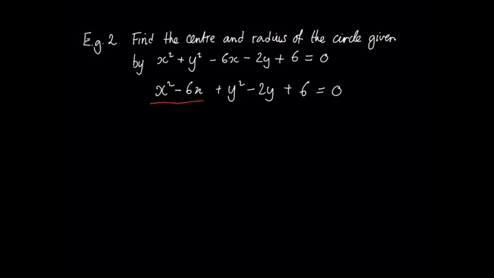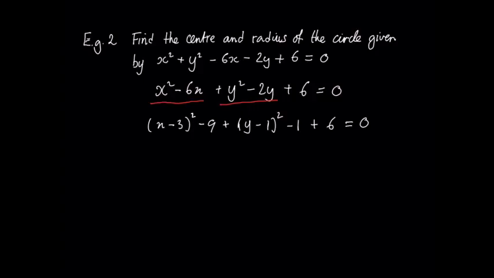So we'll have (x minus 3) all squared, but we're going to get an extra 9 there, so we have to take that off, don't we? Then for the y terms, we'll have plus (y minus 1) all squared, and we'll get an extra 1 which we need to take off. Plus 6 is equal to 0.